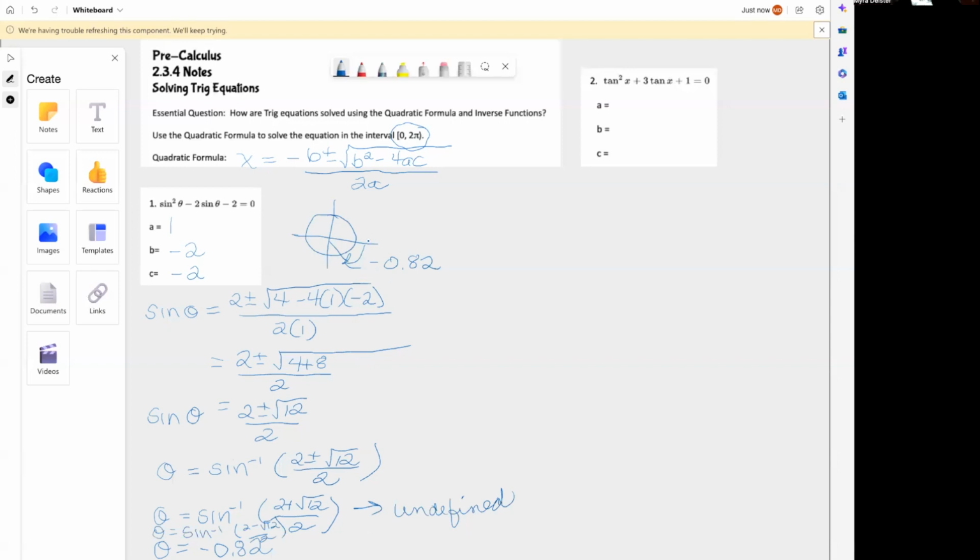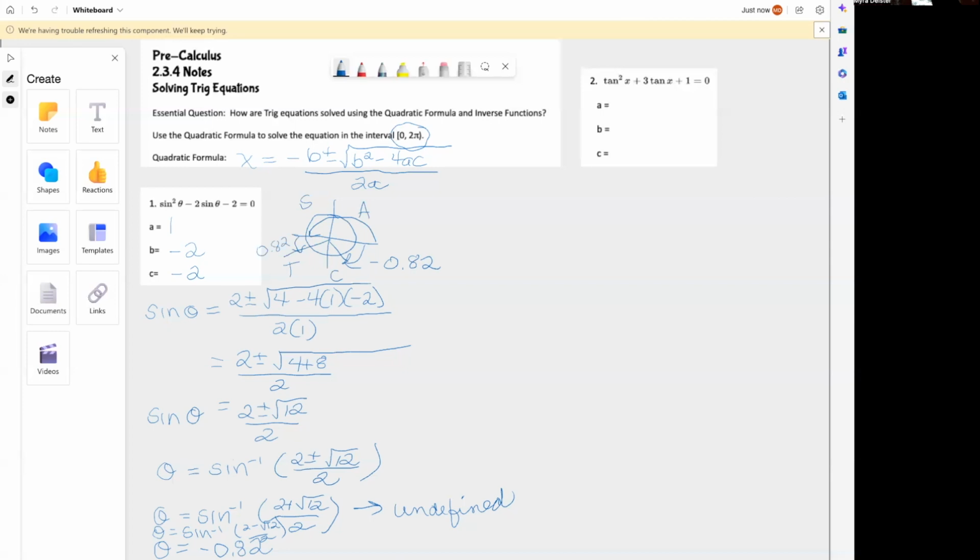Now I know that negative 0.82 is here. All students take calculus. I also know that the other place where sine is negative is here. I know that this angle is 0.82. So to get the other angle, I have to add pi to 0.82.